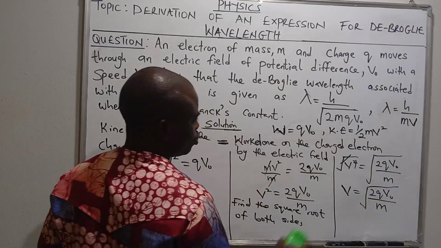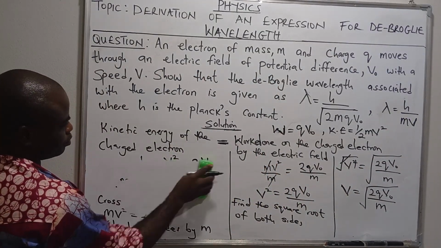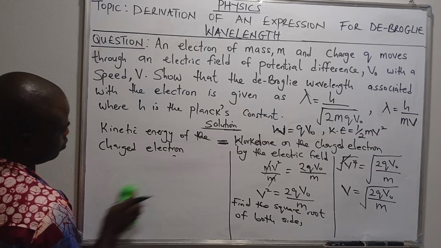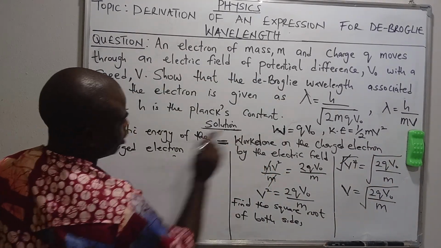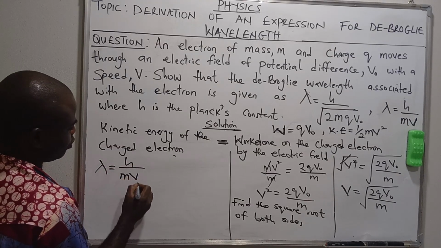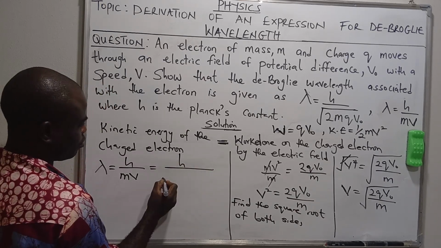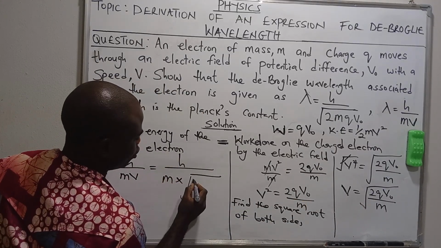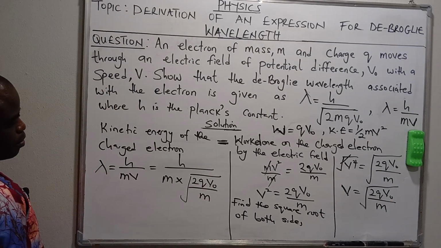Now what you need to do is to substitute this v inside this formula. When you substitute, go back: wavelength equals h over mv equals h over mass times, what's our v, square root of 2qV naught over m. Is that okay?